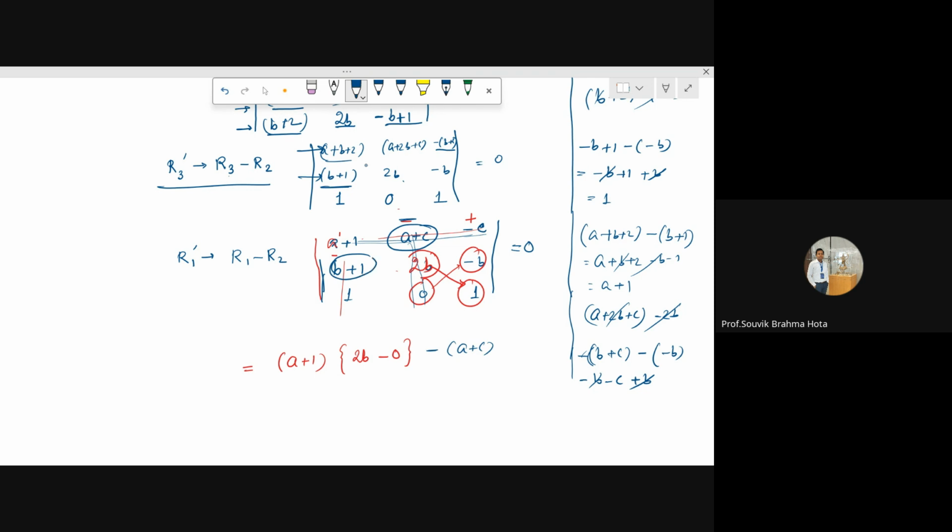This part is there, this part is there, and this part is there, this part is there. So multiply b plus 1 with 1, cross, like this. So b plus 1 into 1 is b plus 1. Then minus 1 into minus b. So minus 1 into minus b is minus b. Done. So this portion is done.